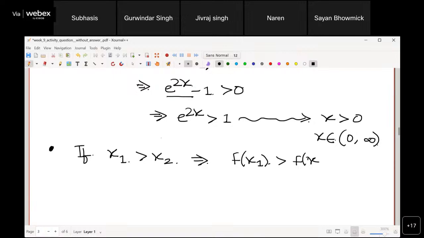If I show this, then this should imply that f is an increasing function.